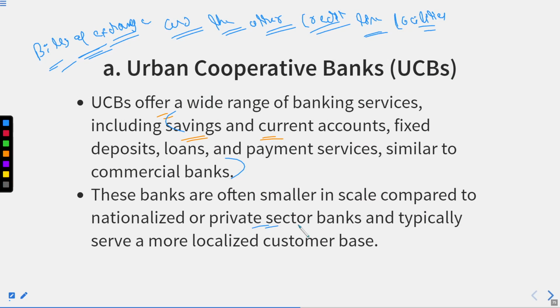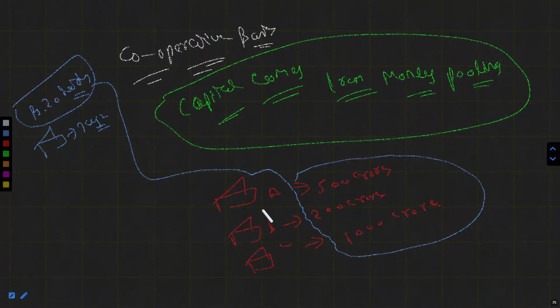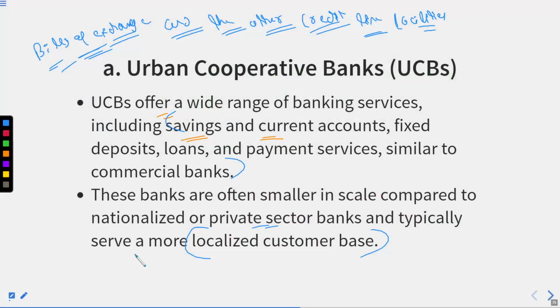Okay, and they serve a localized customer base. In case of ABC, they have a large customer base, so their customers are not localized. But in the case of XYZ, it is serving those 20 people who had contributed the amount in its working capital. So that's why they have the localized customer base.